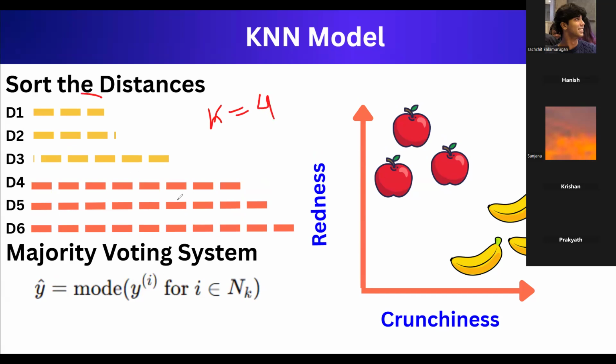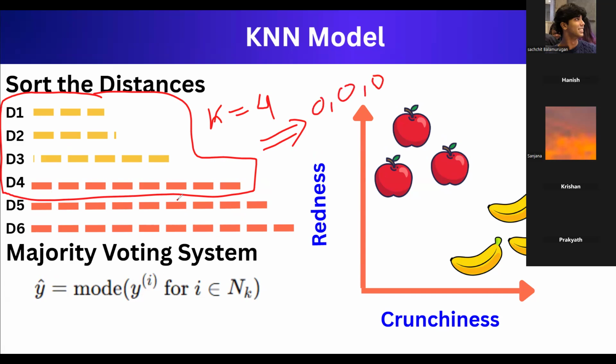After sorting, I'm taking these 4 data points, and then I create that mode equation that I did. Let's say yellow is 0. So we have 0, 0, 0, 1, and let's say red is 1. We create this and then calculate the mode. Obviously the mode is going to be 0, because there are 3 zeros here, and it makes its prediction as banana. Does that make sense? Yeah, that makes sense.